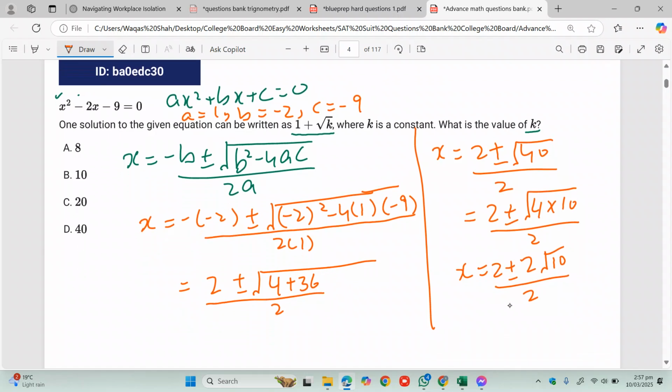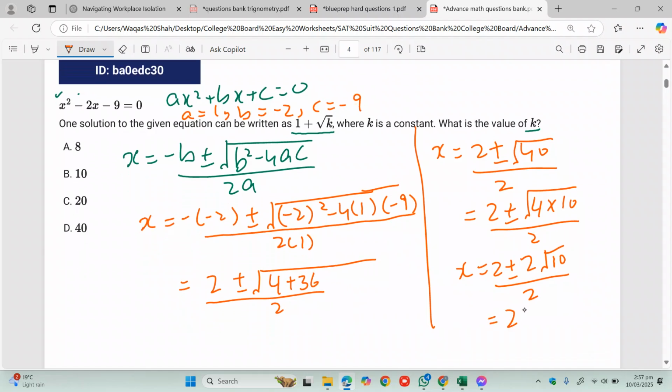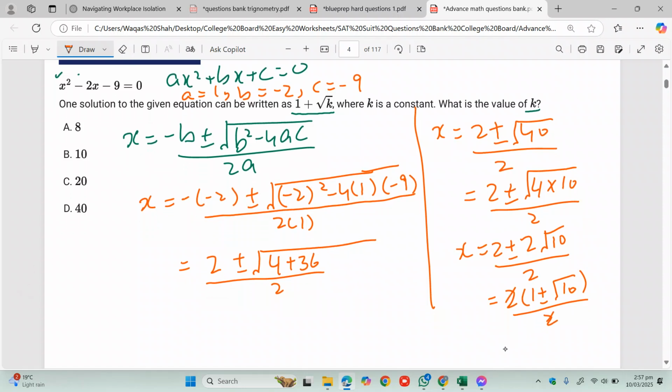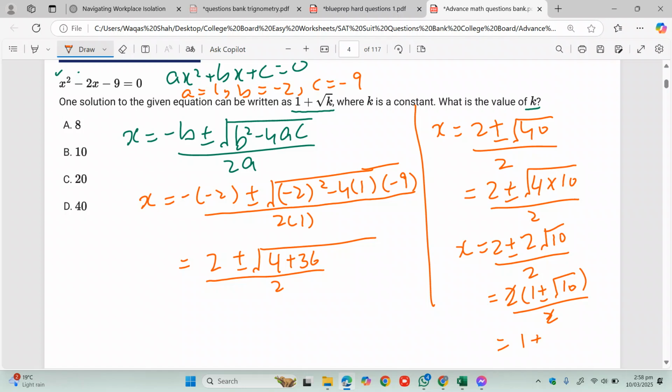So if we factor out 2, it will be 2 times 1 plus minus square root of 10, divided by 2, so it will cancel out, so it will be 1 plus minus square root of 10.